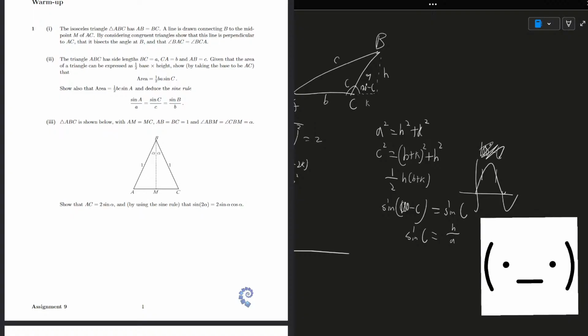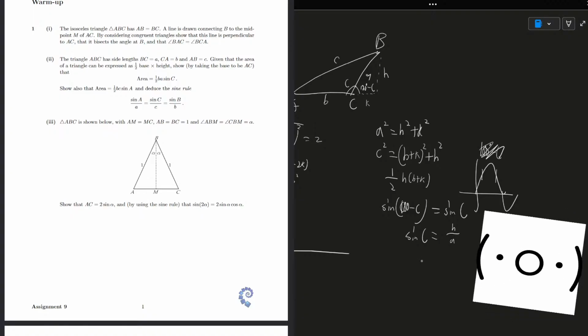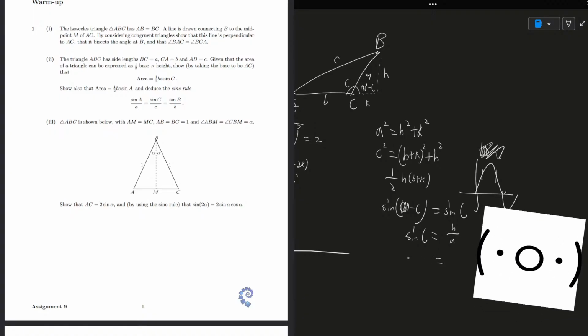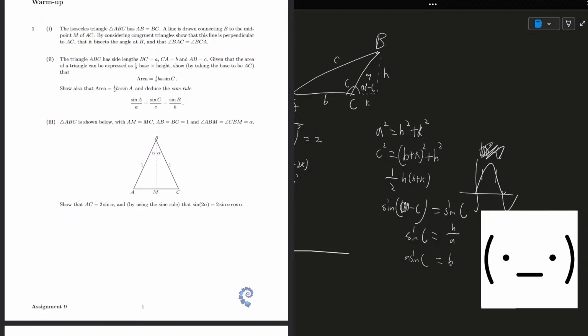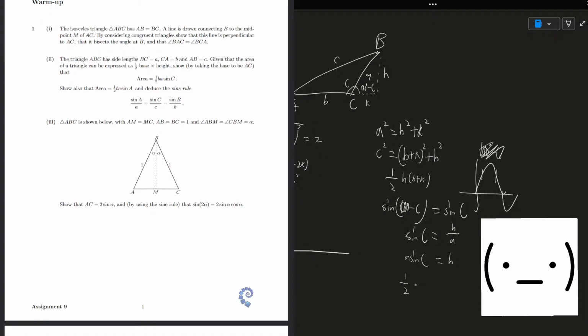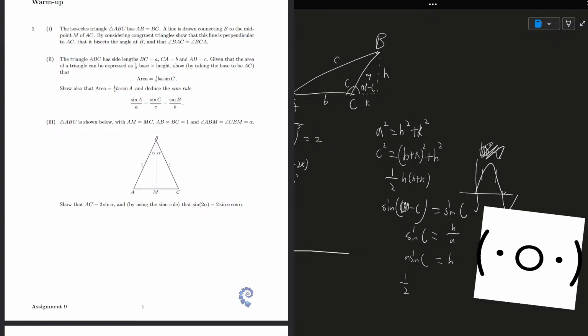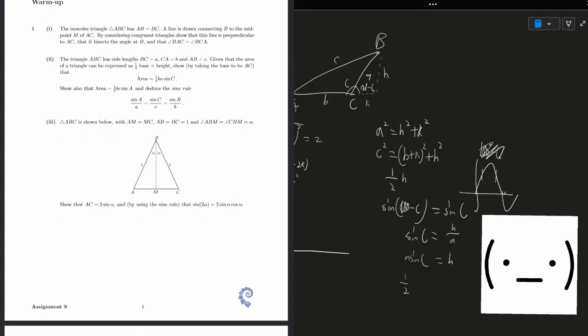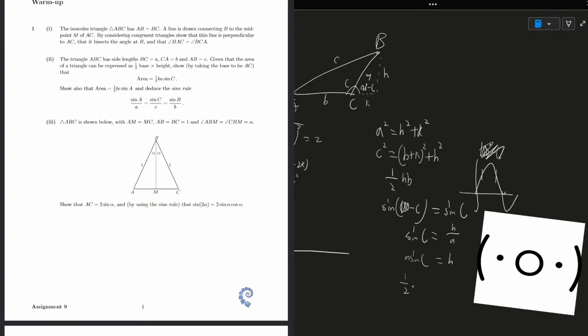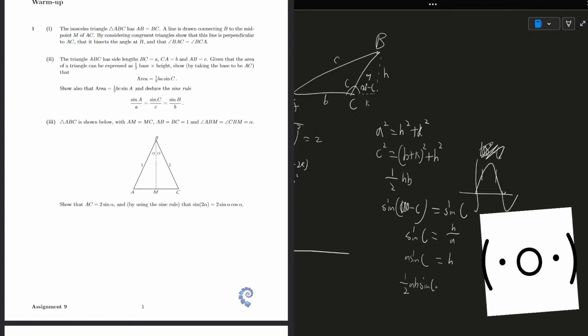So now we can replace h with a sine c. Oh wait, this is just b. So now it becomes ab sine c equals the area.